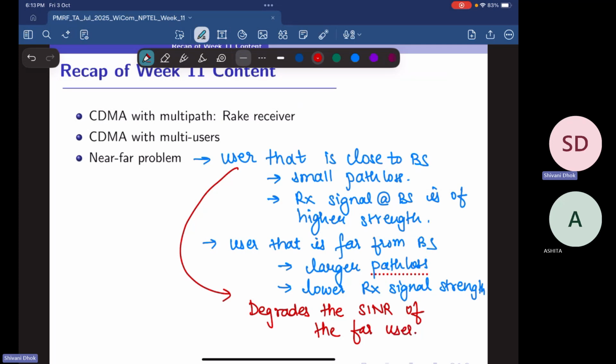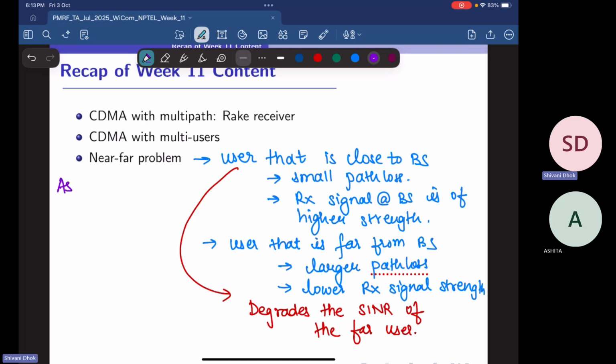So now what is the thing that we should do? How to avoid such kind of problems? To avoid such problems, you allocate the transmit powers to the users such that all the users see the same SINR, or in other words, the base station sees the same SINR for all the users.